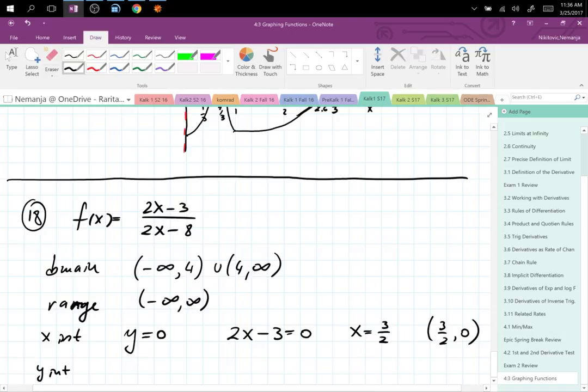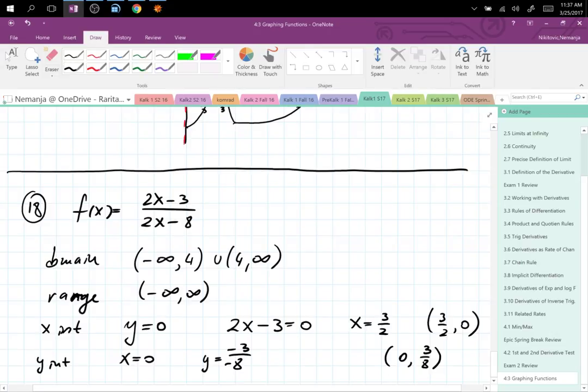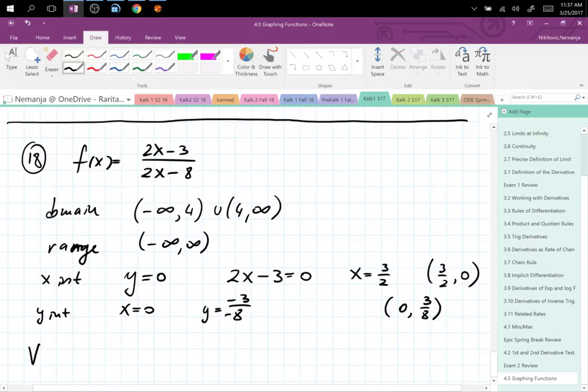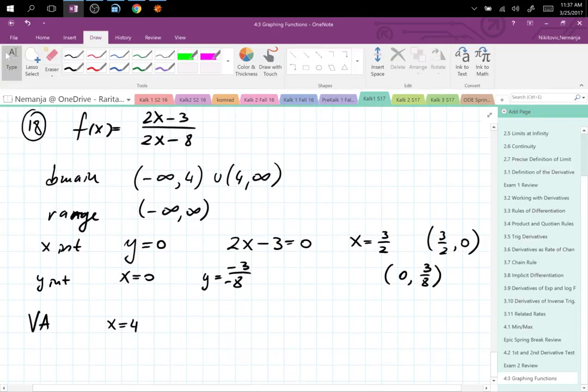And the y-intercept, which is x equal to 0, which is negative 3 over negative 8. So we have the y-intercept at (0, 3/8) when you plug your x to be 0. Then we have the vertical asymptote. The vertical asymptote is at 4. You can do the limit to prove that. Horizontal asymptote is where?